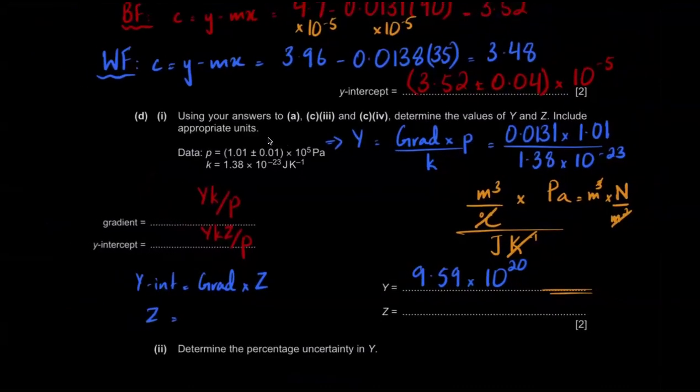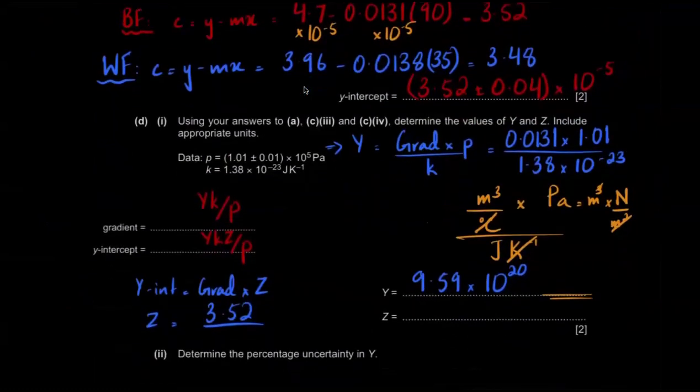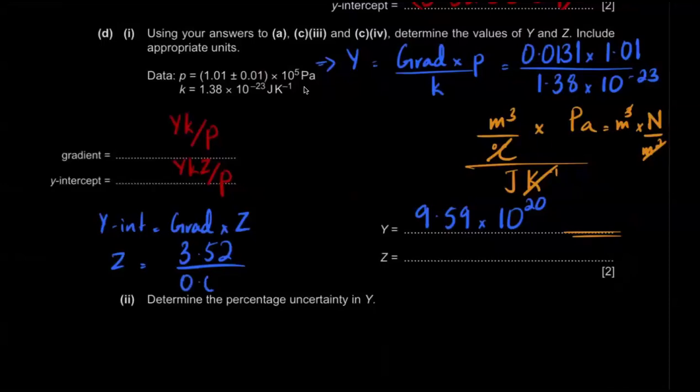Again, I don't have to worry about 10 to the negative 5 because that is the same in both places. So y-intercept was 3.52 and the gradient was 0.0131, right? So 3.52 over 0.0131 turns out to be 268.7, so 269.